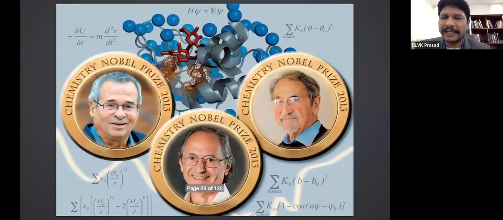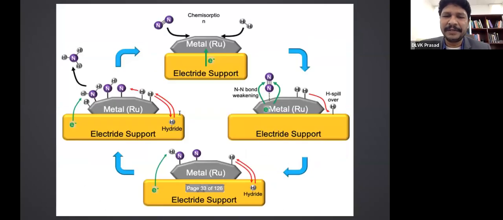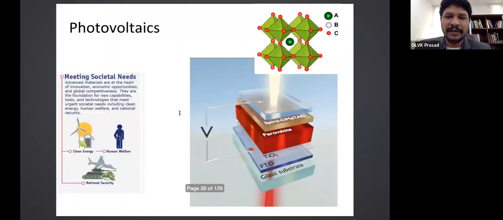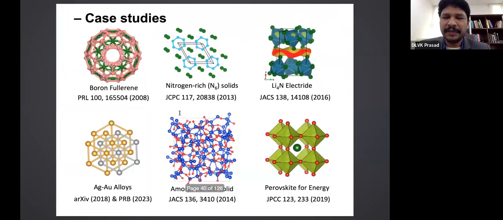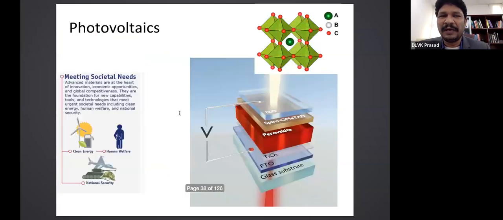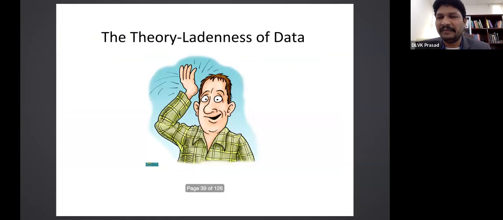I will show you one example. I have some backup slides. Really, you can use your laptops and PCs to solve some problems. You need not necessarily use these high performance computations, but you really need these to solve the needs of energy. For example, if you want to build more effective photovoltaics, you really need a high performance computing facility, probably that Vignan can think of.